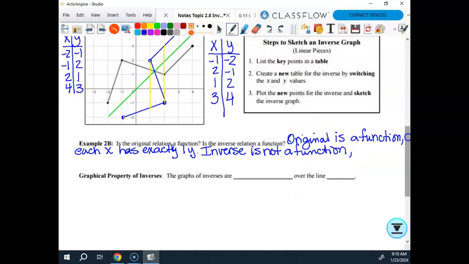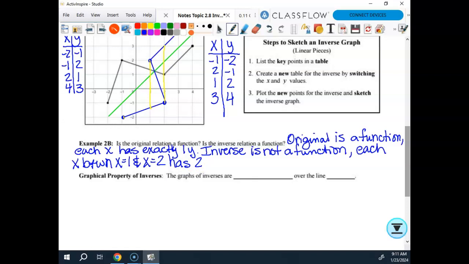I can say each x between x equals 1 and x equals 2 has 2 y values.